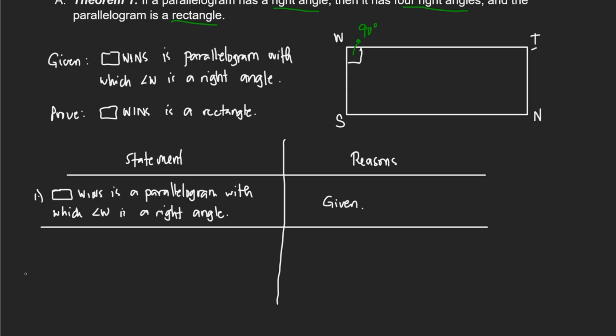Another statement na hanapin natin sa ating problem is angle W is a right angle. If you check yung nasa given natin, the angle W is a right angle. So therefore, yung reason natin is also given.